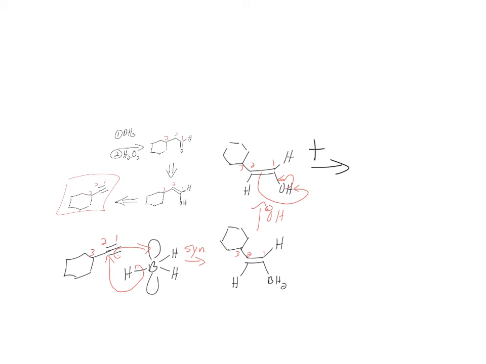That's that tautomerization. Right, and this H ends up right there or right here. You get to the aldehyde, and that's the more stable form, not the enol. Usually the ketone or aldehyde's the more stable form, not the enol.